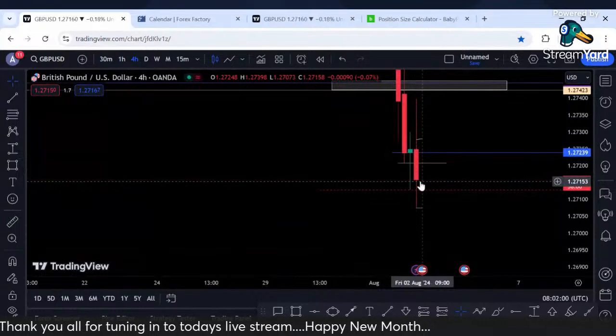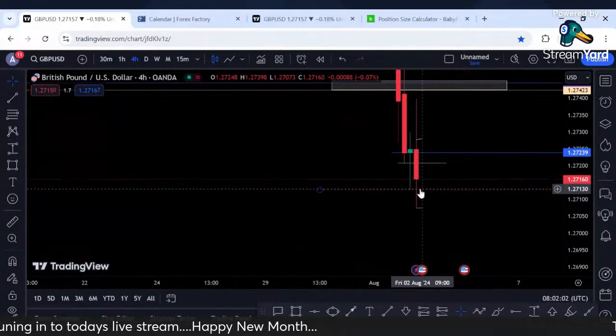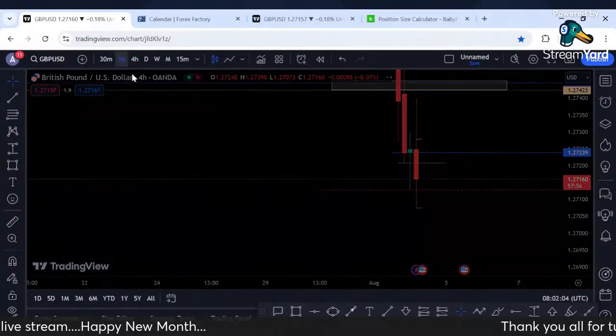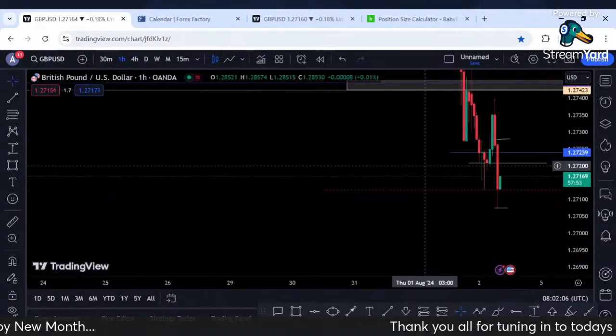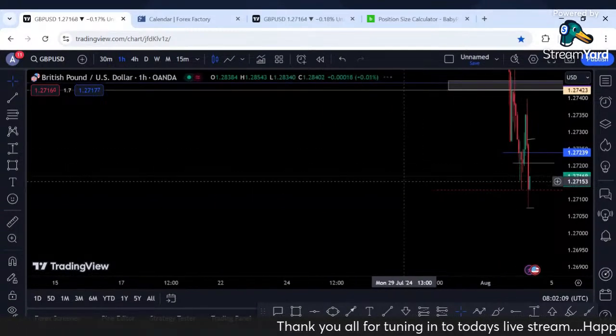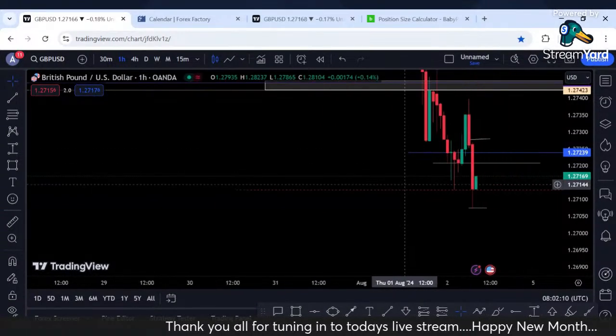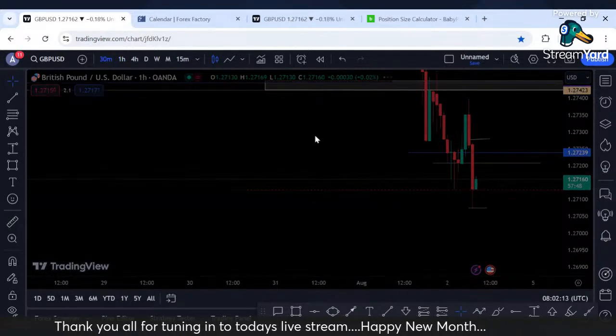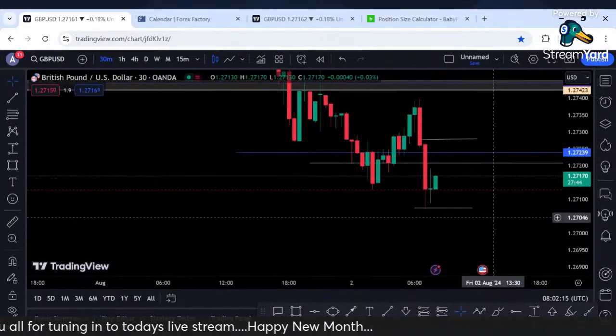Because when you watch the H4, the dip has been broken. The H1 candle has broken above the zone. Okay, the H1 candle has broken above the zone. The M30 candle.